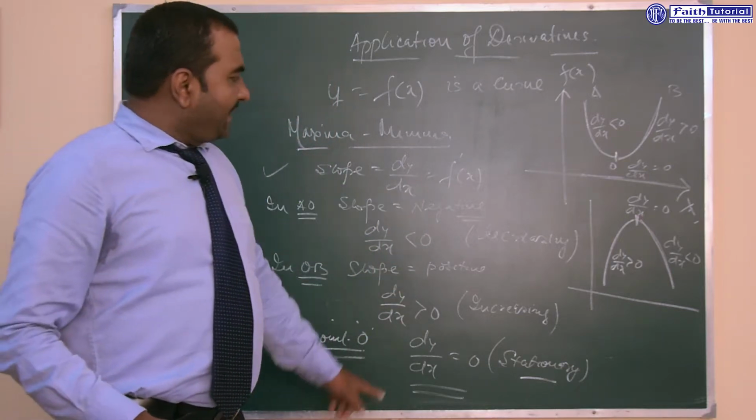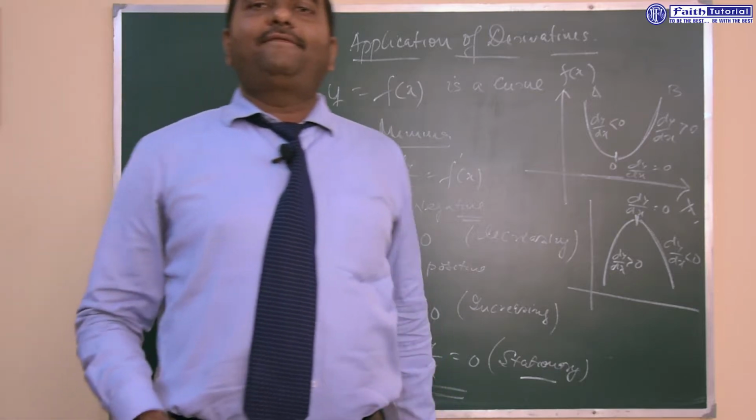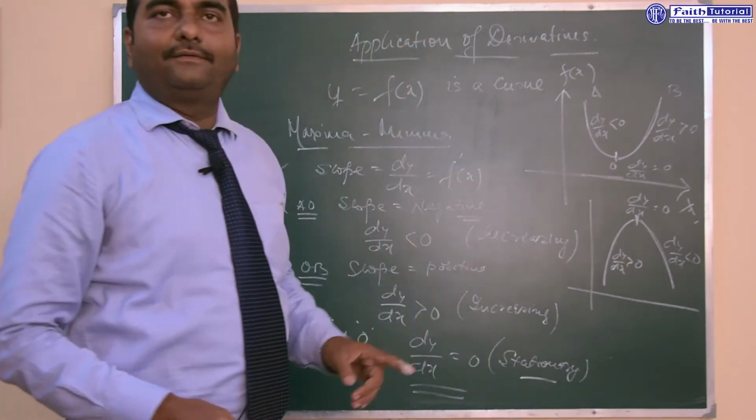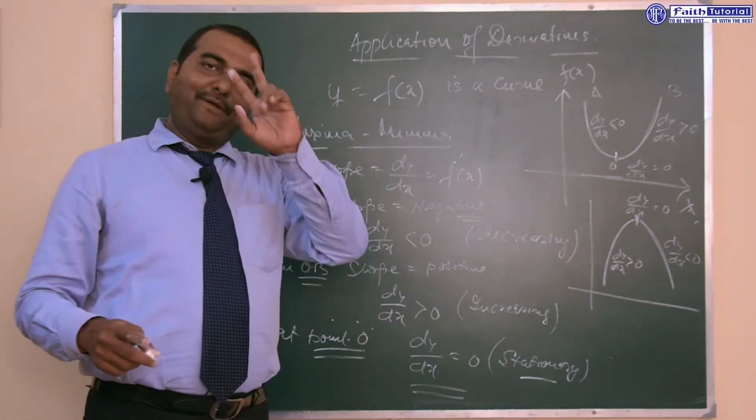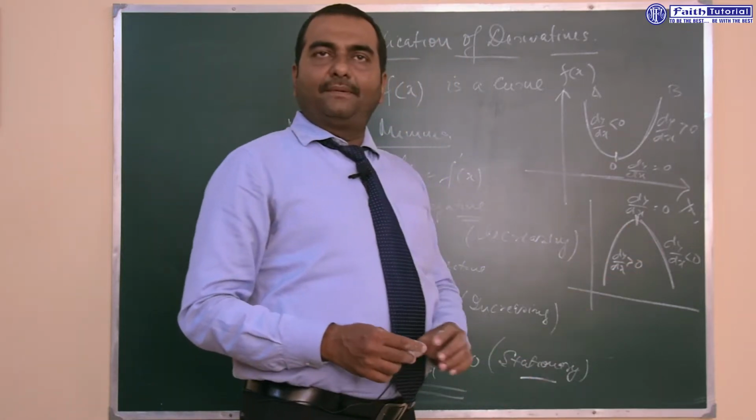So from this we can clearly understand that dy by dx equals 0 is the criteria for the stationary point of a curve, and that stationary point can be one of two: either the minimum point or the maximum point.